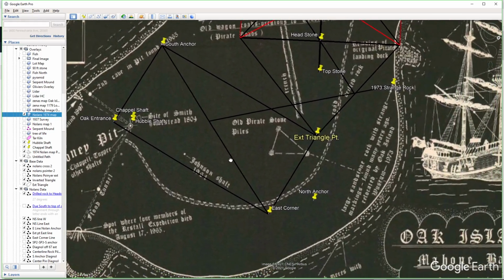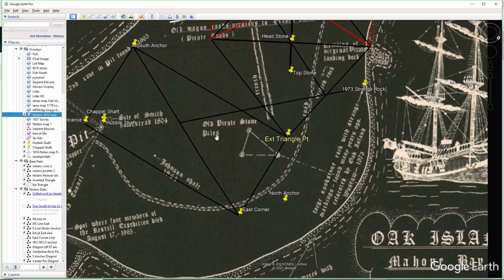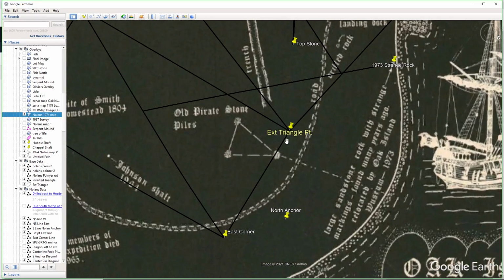And then of course we have these old pirate stone piles, which I don't think he has located the way he wanted to. I think he just put them in there because in his later survey, and that is this map here, let me get this off here.